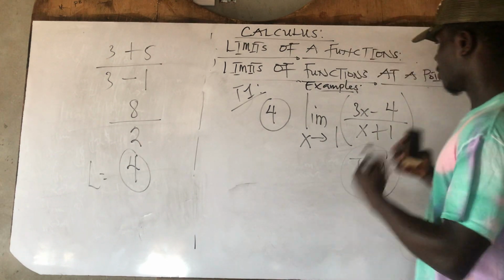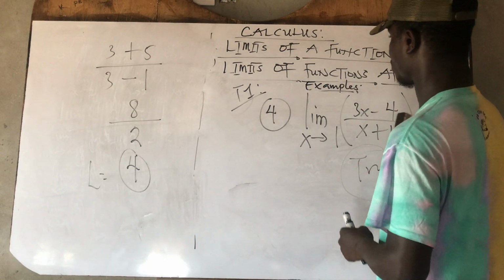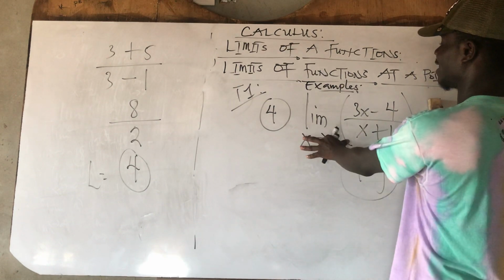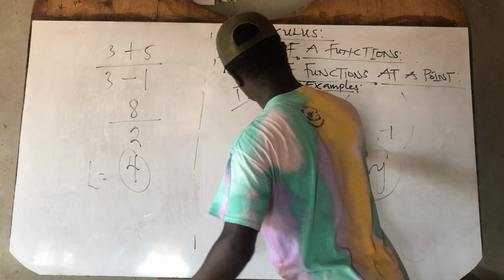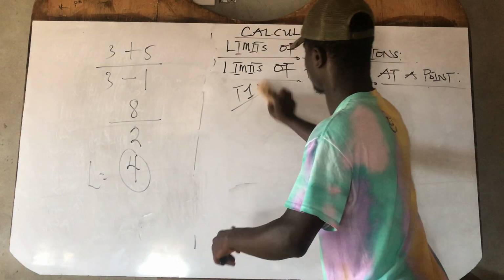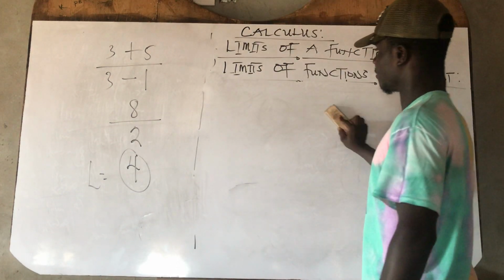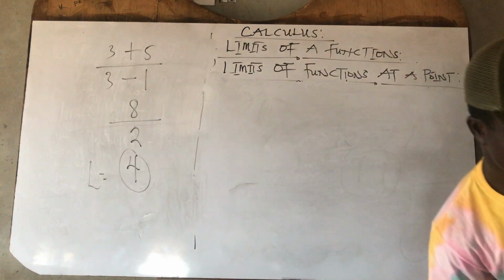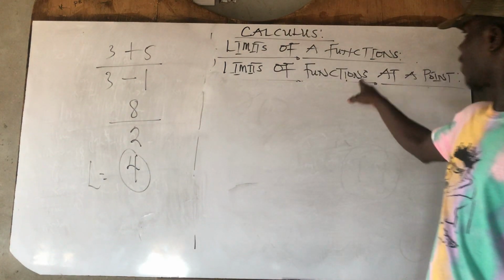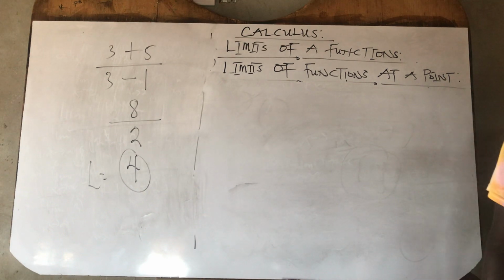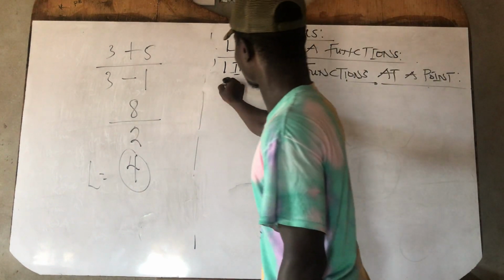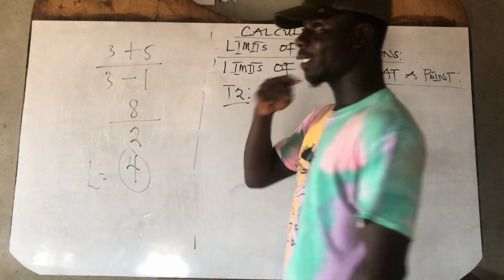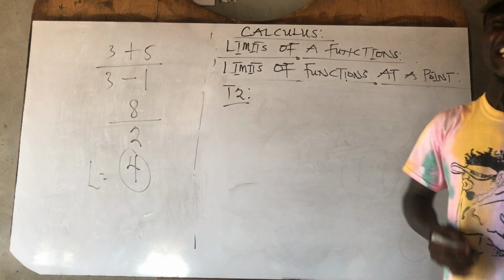So now, watch very carefully. This one was for direct substitution. So let's see. We are moving on to limits of functions at a point, but this time we are focusing on the type 2 aspect, which is what?